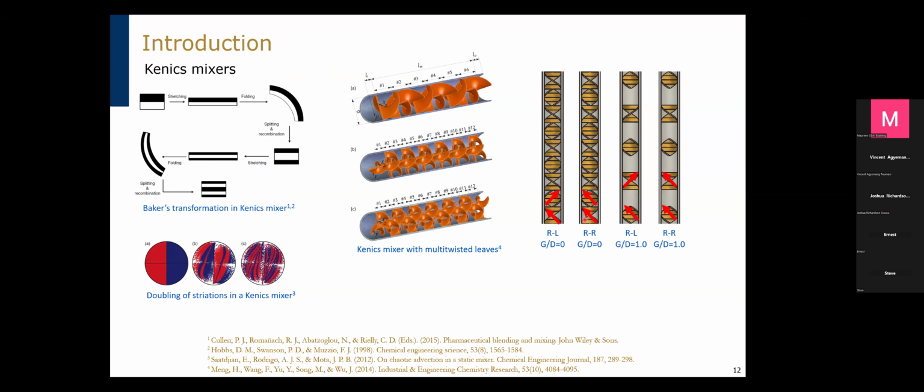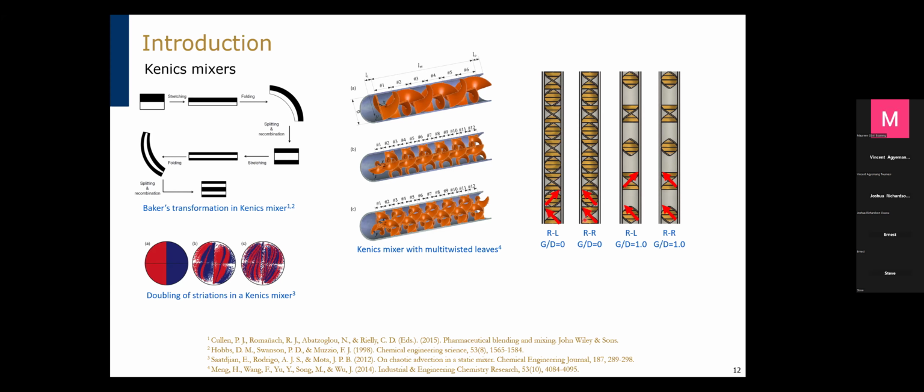What a Kenics mixer does is work in the form of a Baker's transformation, where you think of how dough kneading machines work. You stretch the fluid element, you fold, you split and stretch. After each cycle, you double your striations such that diffusion can take place.